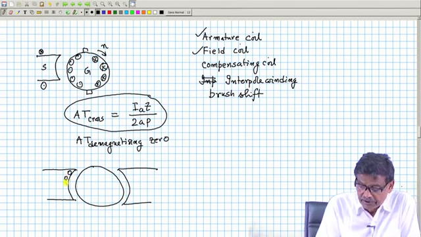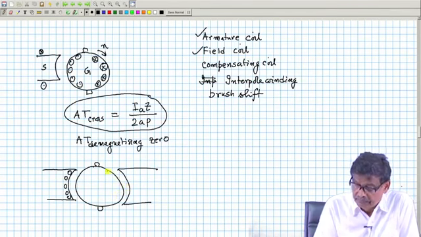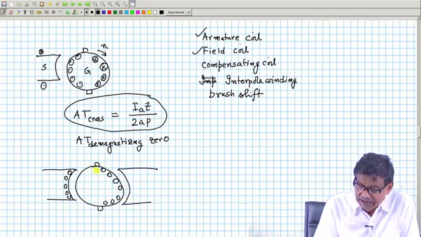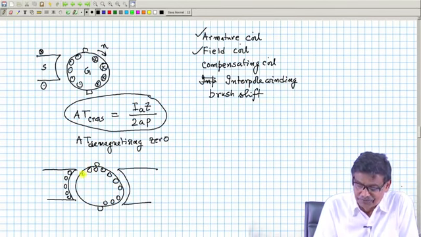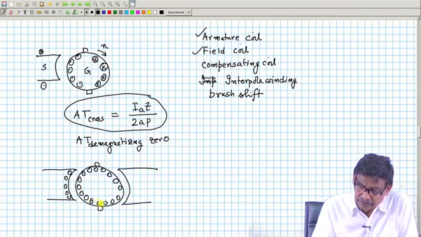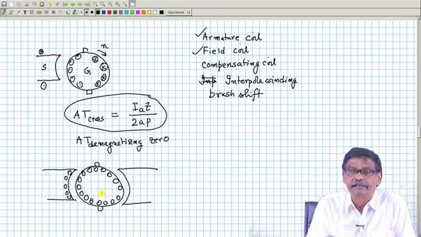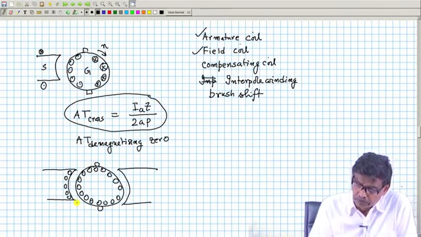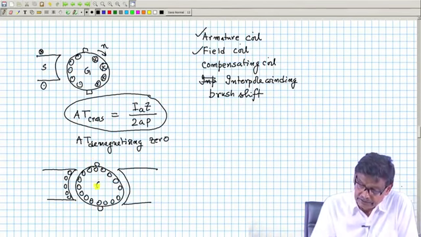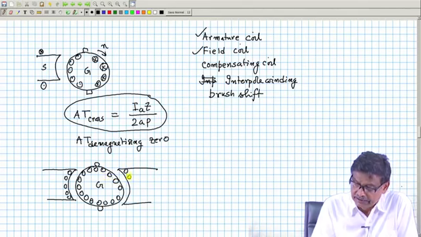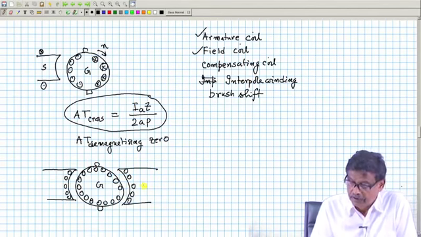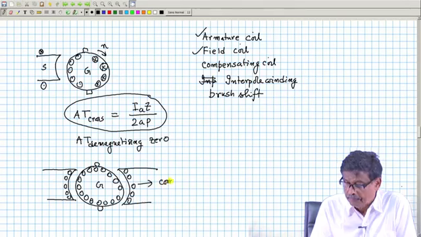So, there will be coils here, and this is the armature coil. Follow me carefully in what I am telling. There must be some logic on the basis of which these things are to be put. So, the same generator is running here, and I decide I will put a compensating coil. Why compensating?